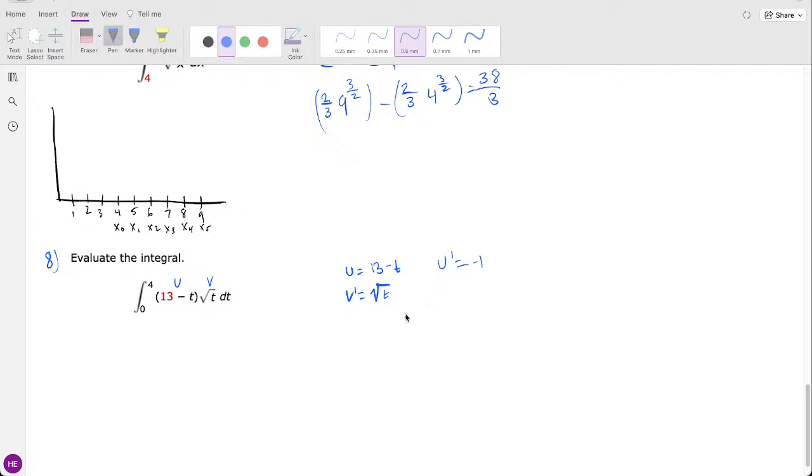So in order to find V, then it'd be 2/3 T to the 3/2 power. And then integrate, yeah.